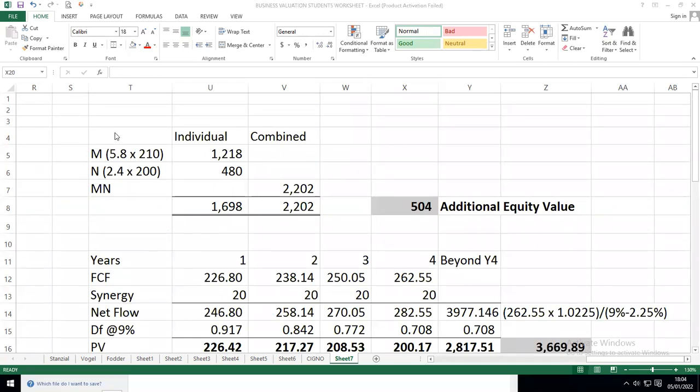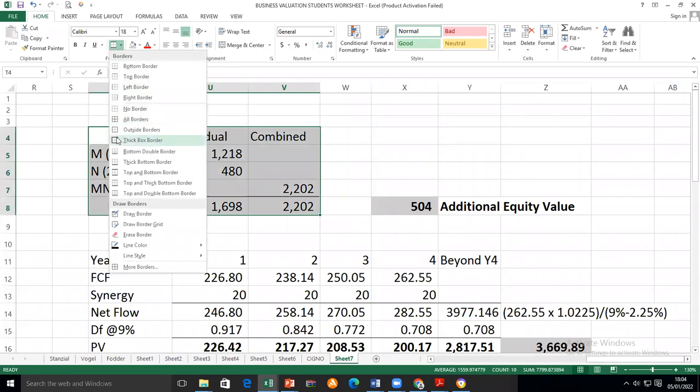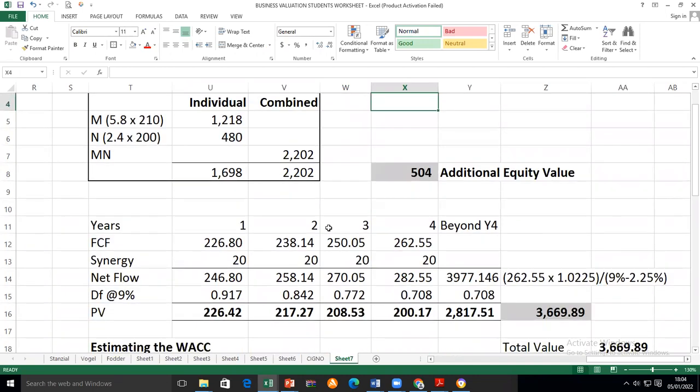So this is really where we are coming to. This was the whole essence of this exercise. This is also called maximum acquisition premium.